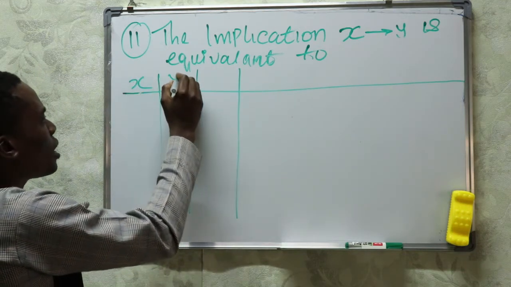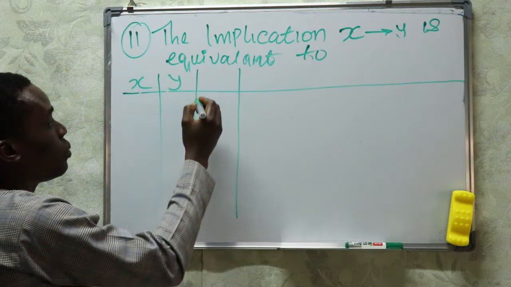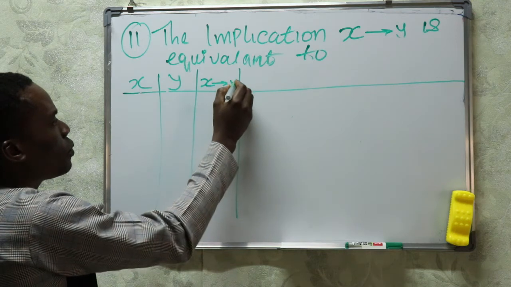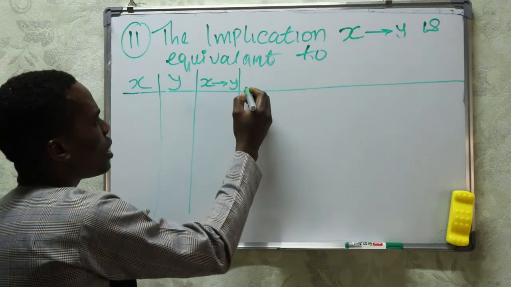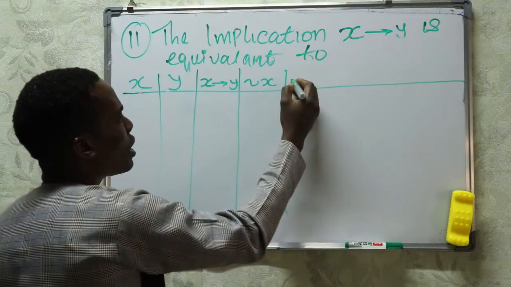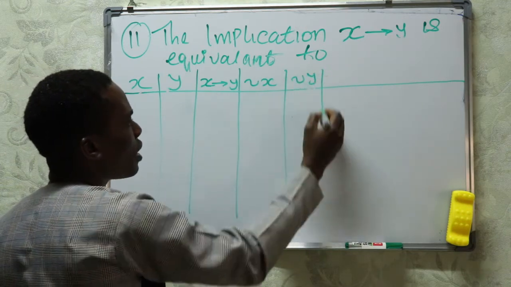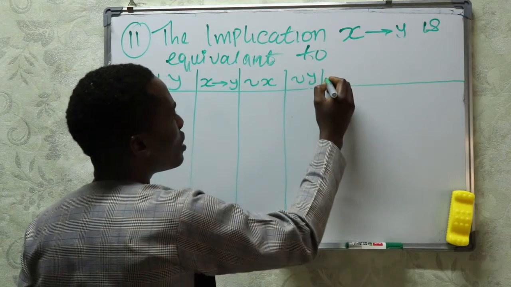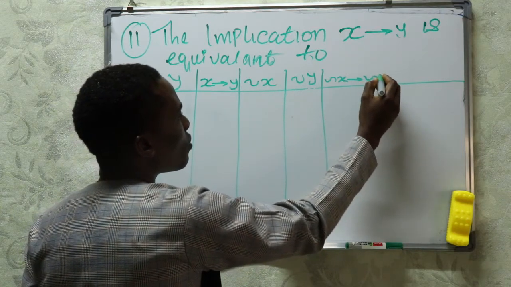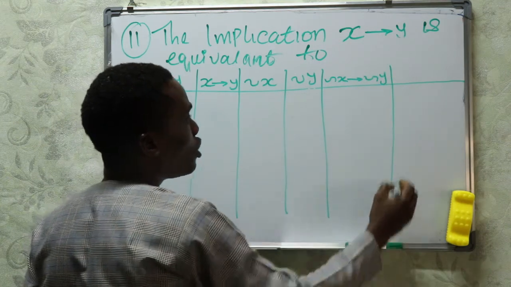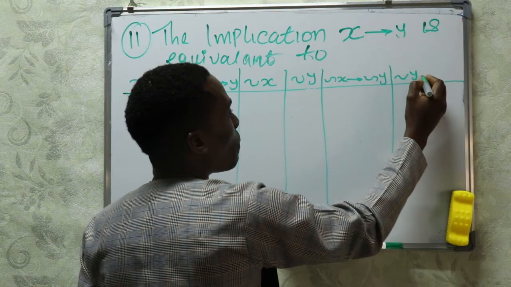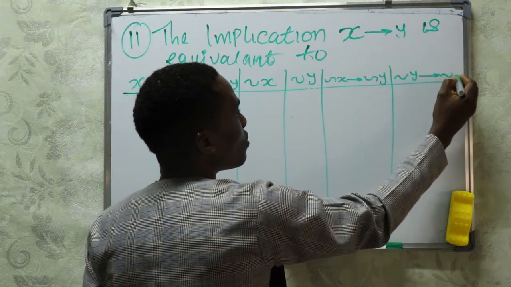We'll take this as y, we'll take this as x, and we'll take this as y. We're going to look at this as x implies y, and then the negation of x, then the negation of y, and then the negation of x implies the negation of y, and we're going to compare it with the negation of y implies the negation of x.